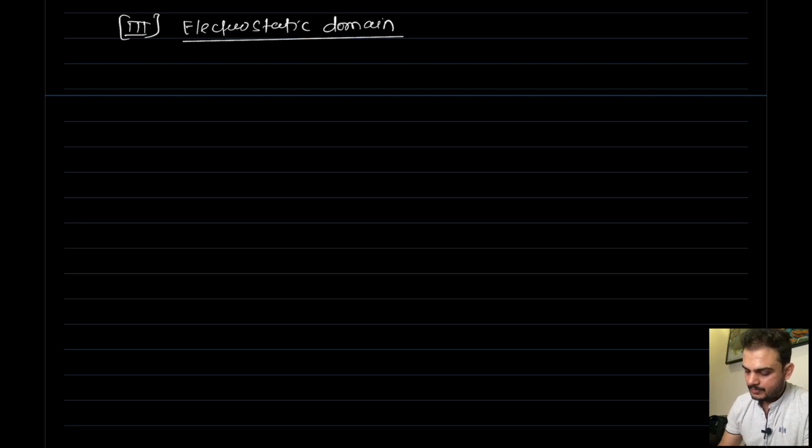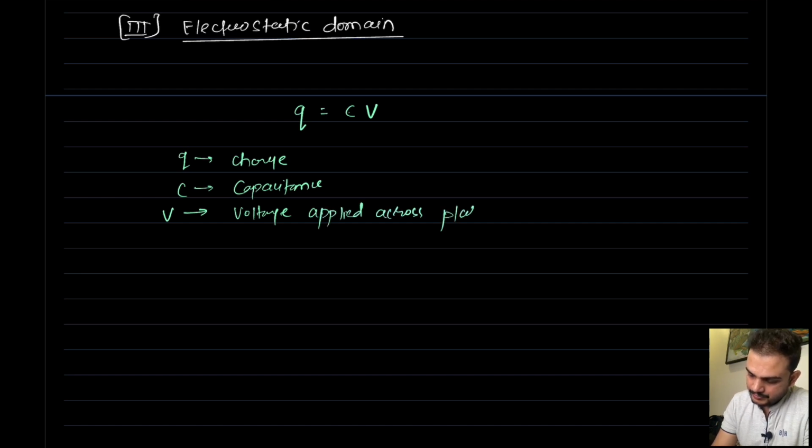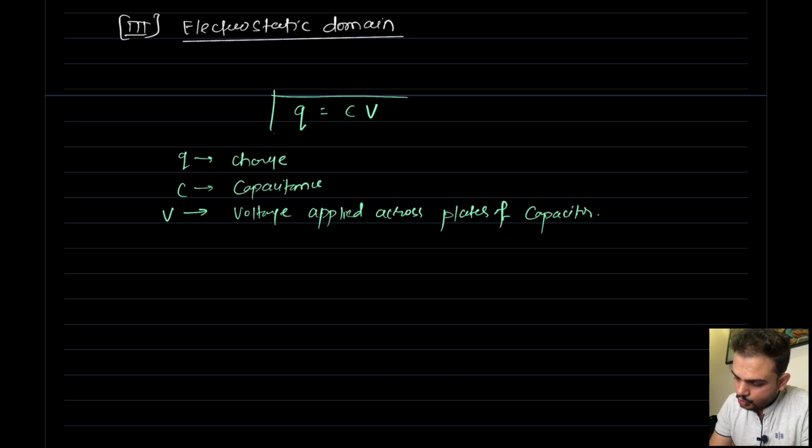First we will see Ohm's law in the EMF model or absolute model, that is nothing but Q is equal to CV, where Q is charge, C is capacitance, and V is the voltage applied across the plates of the capacitor. So this is my fifth Ohm's law.